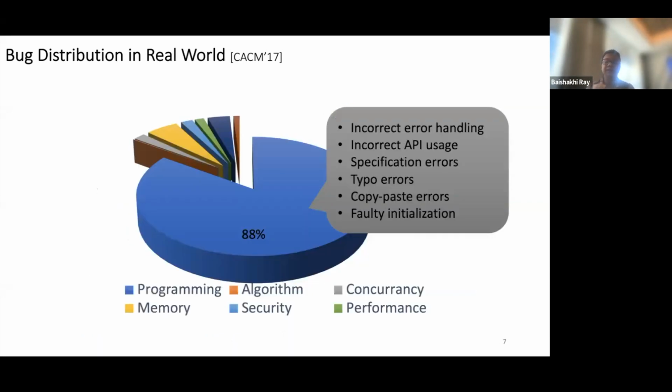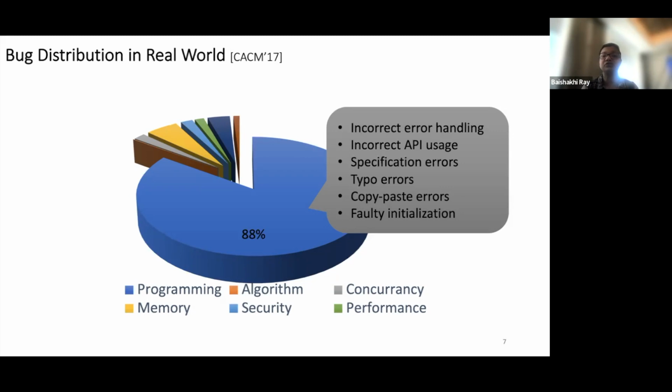And going a bit deeper, we found that, of course, there are a lot of reasons where the bugs are coming from, for example security vulnerabilities, algorithm, concurrency, etc. But the surprising fact is that in 88% of the cases, it is coming from pure programming errors, where developers make mistakes, most of the time just because of ignorance.